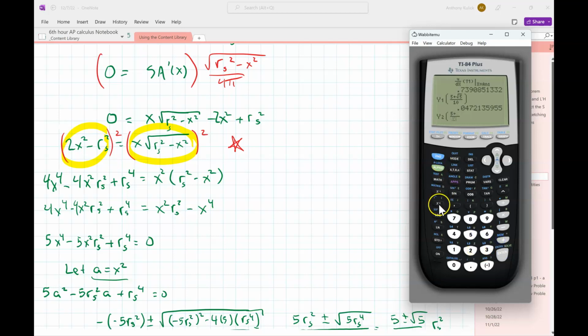I'm going to get an error or a different value. Okay, so they didn't agree. If I go and do the same thing with the minus, I did something wrong then.